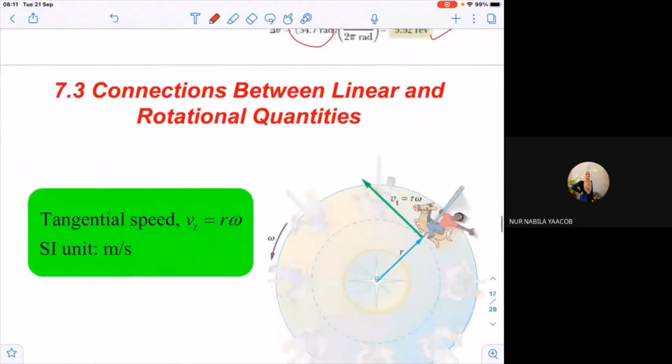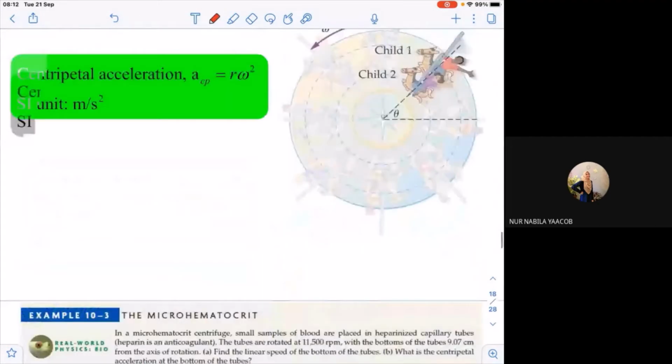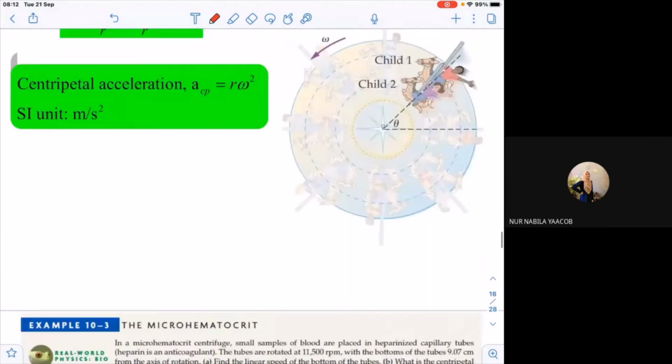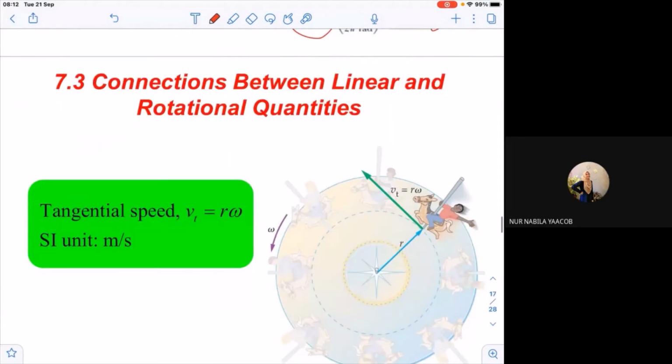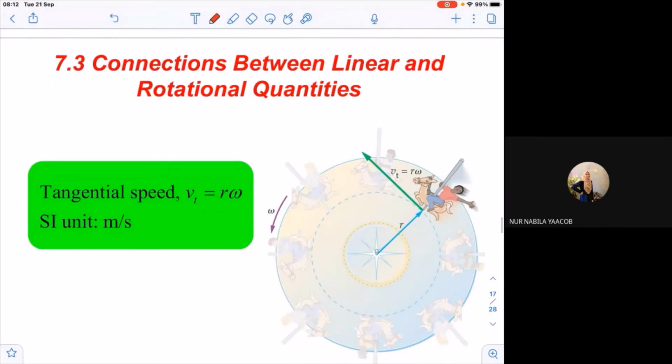And lastly, for the last subtopic for today, at least for this chapter, is the connections between linear and rotational quantities. Before this, when we talk about x or y, it can be comparable to theta, while v can be comparable to omega, and a can be comparable to alpha.